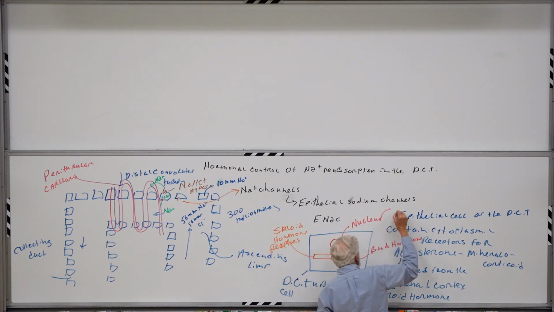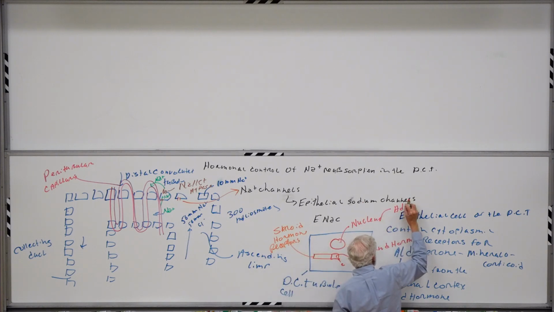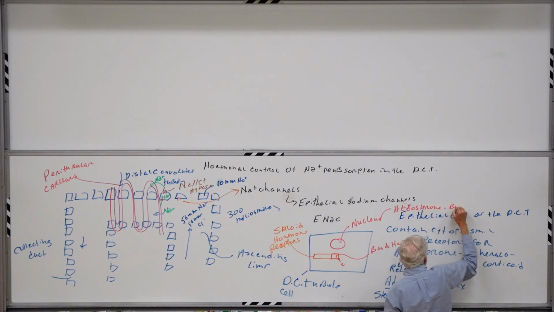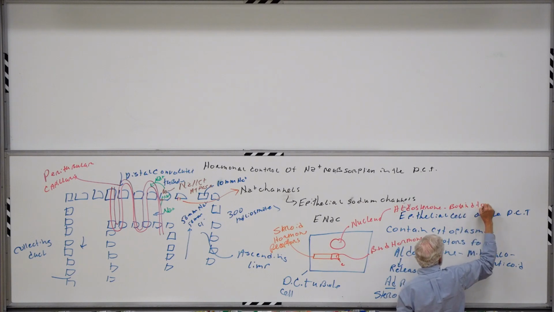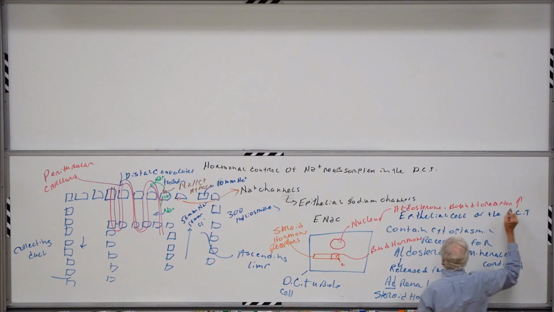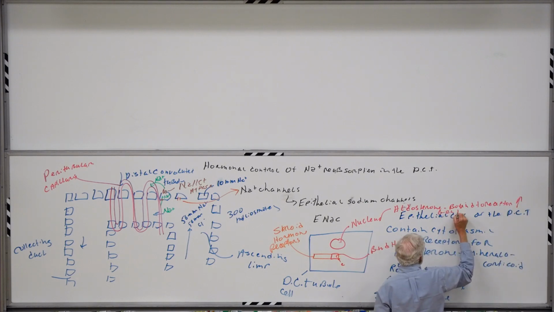And in the nucleus, aldosterone bound to its receptor upregulates gene transcription.